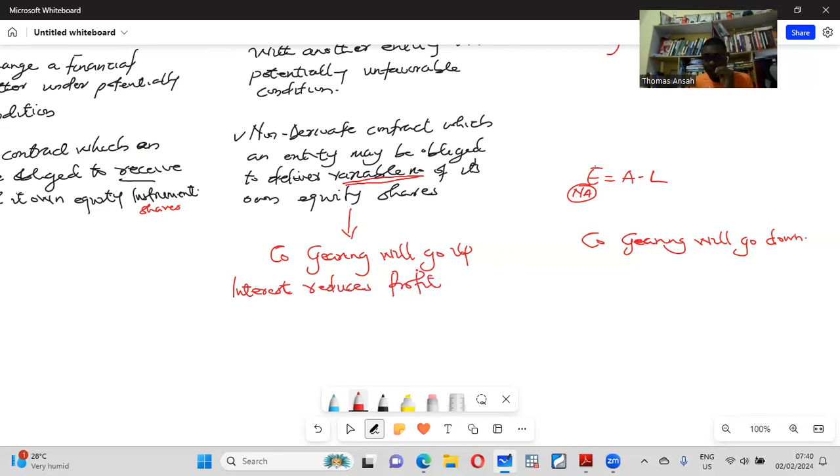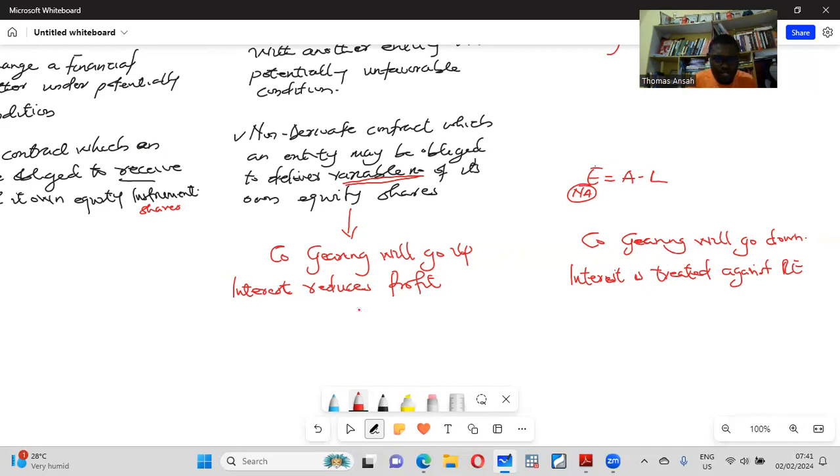But if it is classified as an equity instrument, the interest, or in this case we may call it the dividend or the return, is treated against retained earnings. So you won't have any effect of it in the P&L. So it's very, very important you understand the classification.